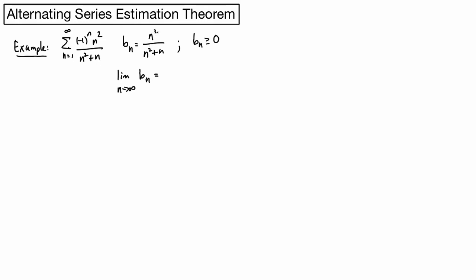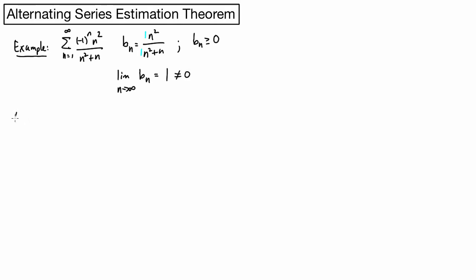Well, if you recall, this is a rational function, and the limit at infinity of a rational function, if the degree of the top is the same as the degree of the bottom, is the ratio of the leading coefficients. Here the coefficients are 1 and 1 in both the top and bottom. And so this limit is 1, which means it's not equal to 0.